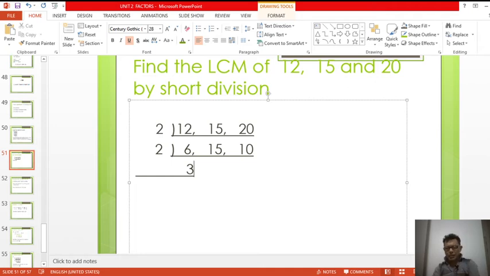Then 15, you cannot divide 15 by 2, so you just bring it down and copy. Then 10 divided by 2 is 5, isn't it? Yes, so it's 5. So we got nice numbers here. Okay, what's the next number then?